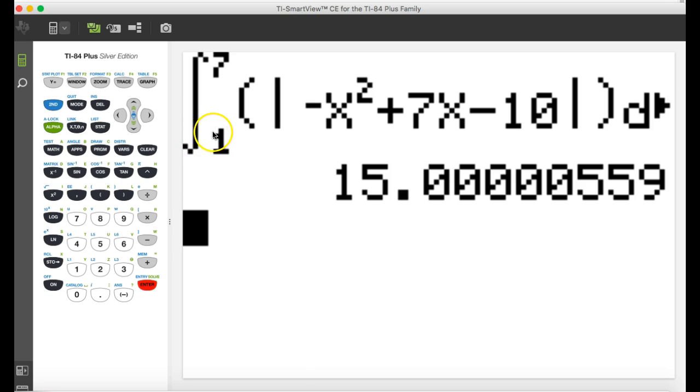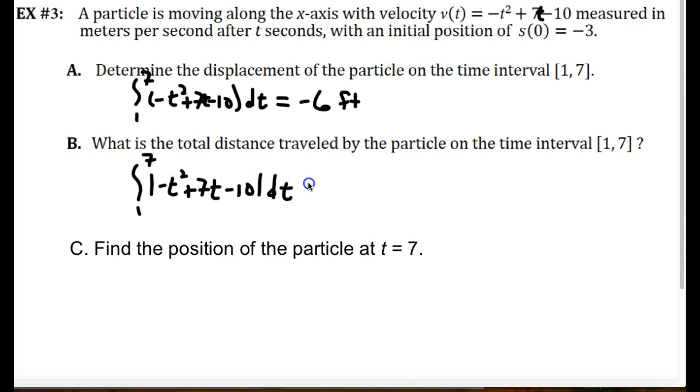And so our total distance traveled is 15 feet. And remember, we talked about before, the calculator sometimes gets a little bit of an error. If we have 5 zeros after the decimal place, we can assume that this value is actually just 15. All right? So total distance traveled is 15 feet.